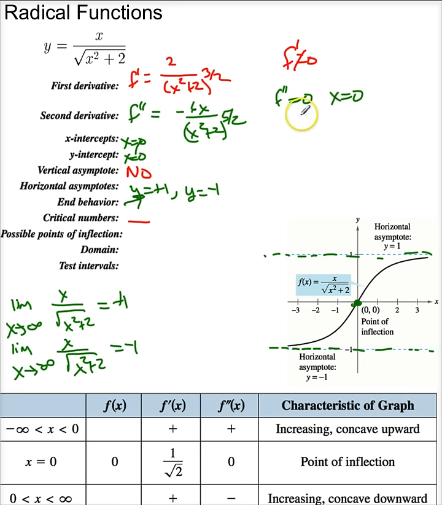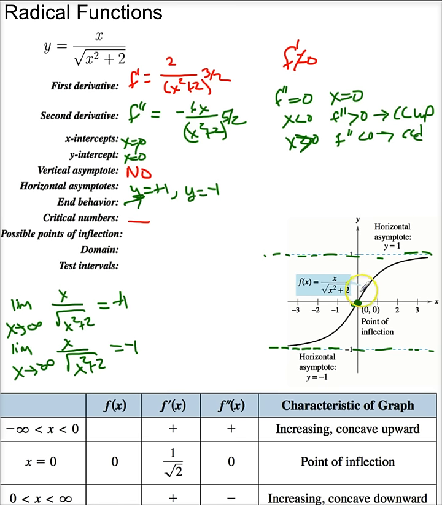So when x is less than 0, this number right here is positive, so f double prime is positive, so it's concave up. And when x is positive, f double prime is negative, so it's concave down.